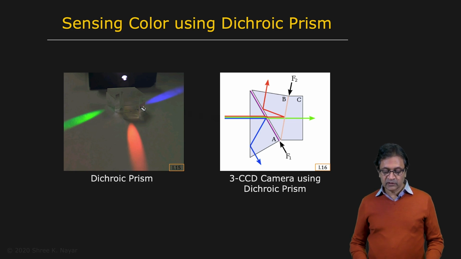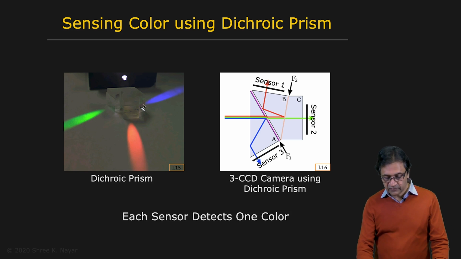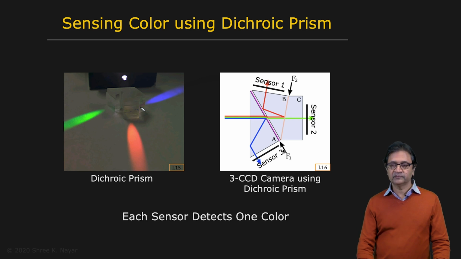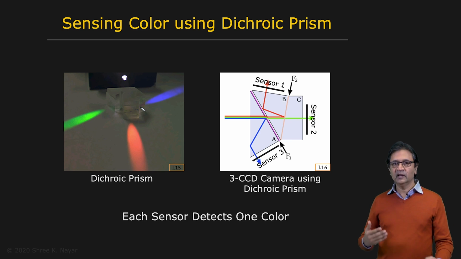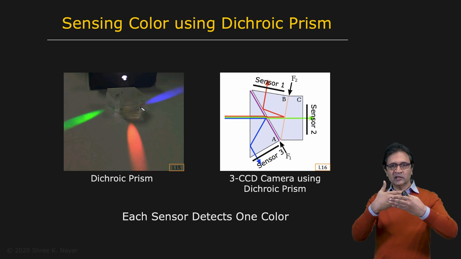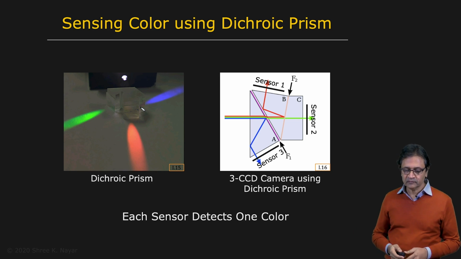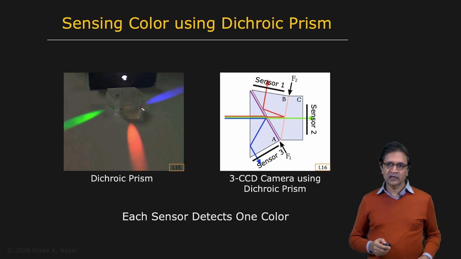Now you can place a sensor on these three faces of this dichroic prism, and this sensor would capture a red image, a green image, and this one would capture a blue image. The images are not red, green, and blue. They're capturing those wavelengths of light. And they're perfectly aligned, so you can stack these three images and you essentially have red, green, and blue values at each pixel. So that's one way to do it, albeit a little bit bulky and a little bit advanced in terms of requiring alignment and precision and so on.